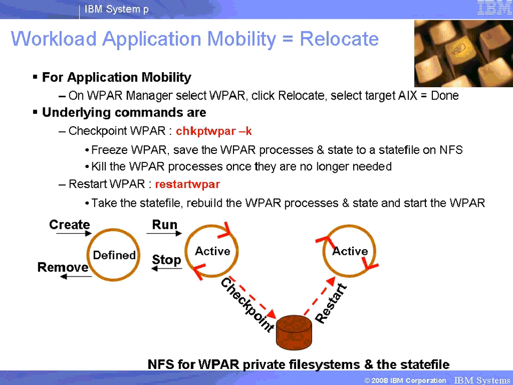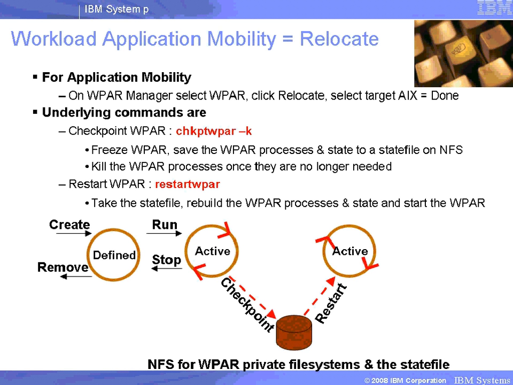Well, it's using two commands that come with the Workload Partition Manager under the covers. Firstly, it runs this checkpoint command. This freezes the WPAR, and we save all the WPAR processes, the memory and the state of those processes, into what's called a state file on NFS. This does mean that there's a prerequisite that if you want mobility, the file systems for your WPAR have to be mounted via NFS.